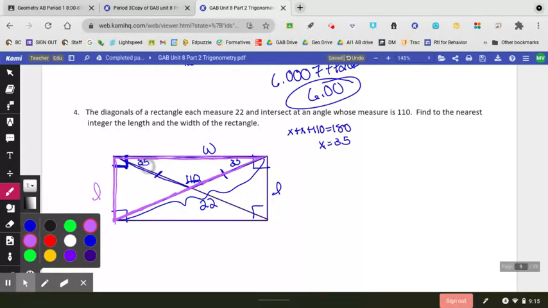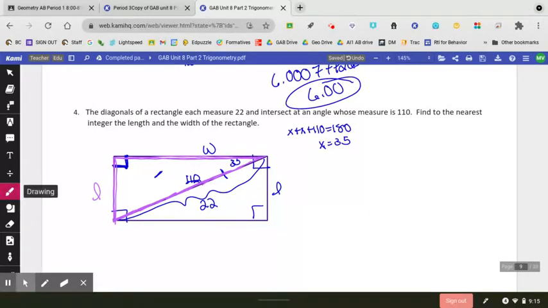I don't need this one. And I know that this is 22. So I can put that diagonal back in there. I don't really need it, but it can be in there. Actually, let's erase it. So I'm looking at this right triangle now. It's 35 here. I'm looking for the length and the width, and the hypotenuse is 22.